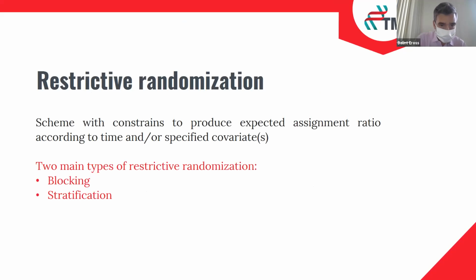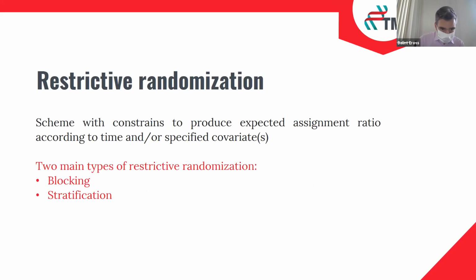And we are moving on to restrictive randomization. So we want to overcome the problem of undesirable allocation ratio, and we want to overcome the problem of unequal distribution of confounding factors across treatment arms.